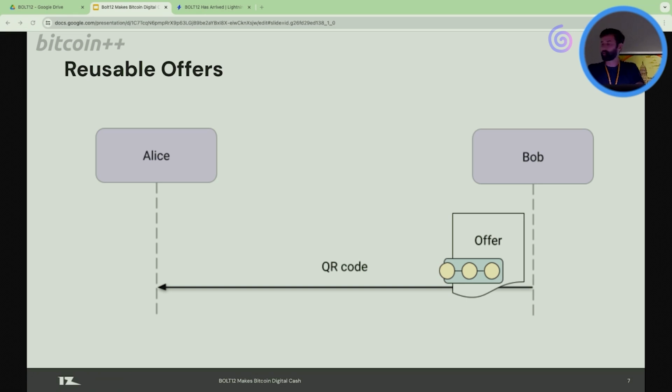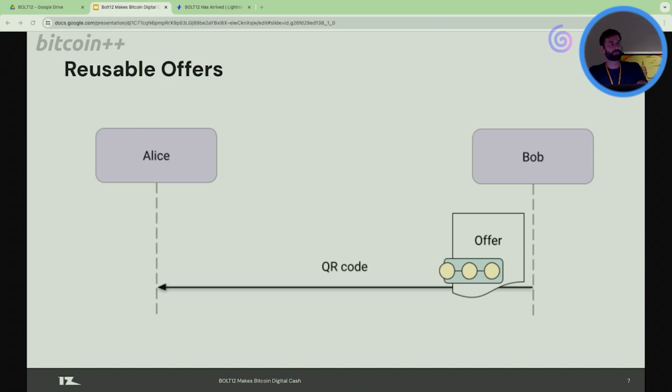Another thing that I'll get into: offers may be denominated either in Bitcoin and MSATs or in a fiat currency. And what's the reason why we would denominate an offer in fiat, for instance? Anyone have an idea? Merchants might want to, but why would they want to, right? Exactly.